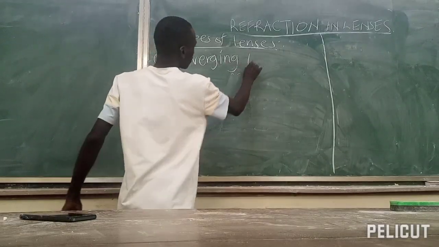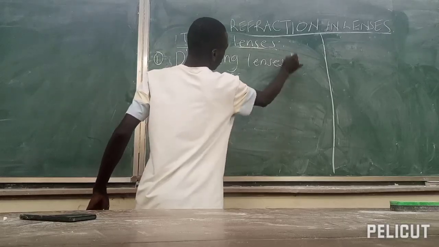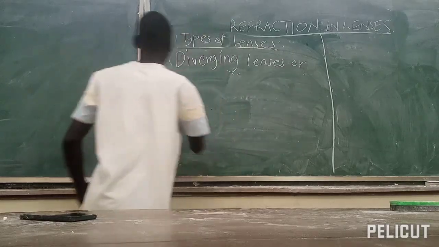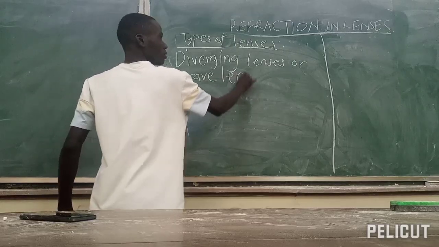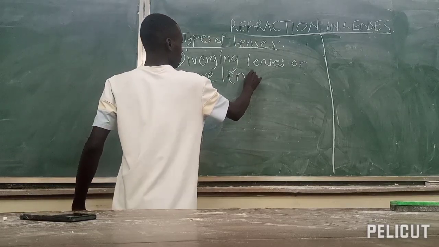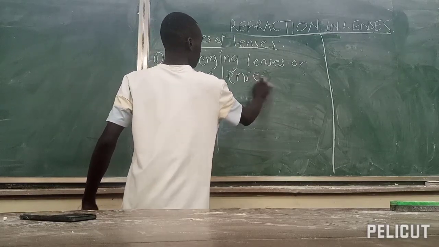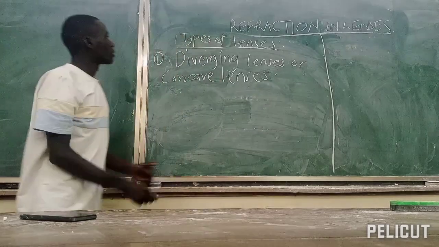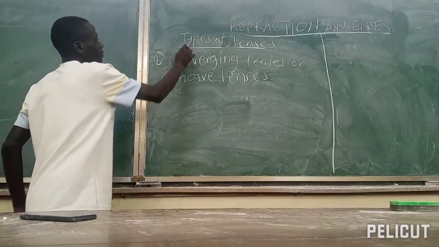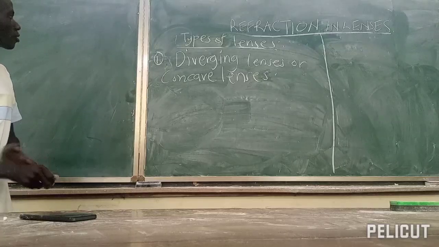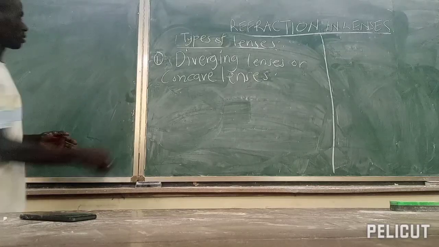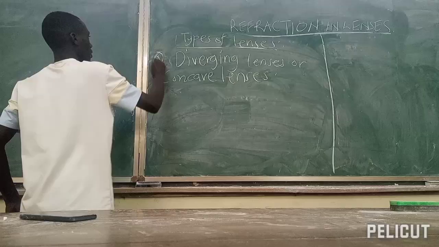So diverging lens. Another name is concave. A concave lens. So we have diverging lenses, or concave lenses. It is the opposite of the first one we looked at. This is the second type.